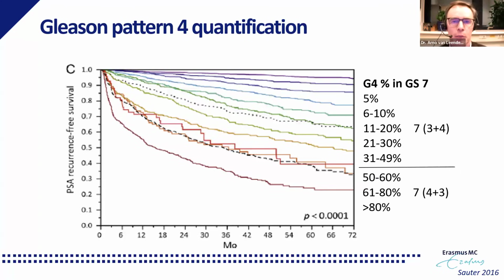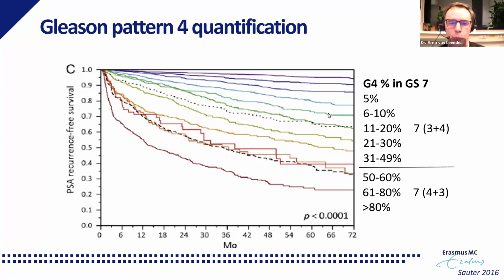And I know in some countries, percentage pattern 4 is also a criterion for active surveillance. It's not in Europe at this moment. Invasive cribriform and IDC are exclusion criteria for grade group 2 disease, but percentage pattern 4 is not in Europe, though it could well be that in other countries or other centers this is different.